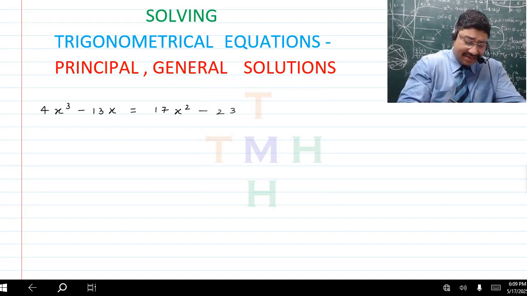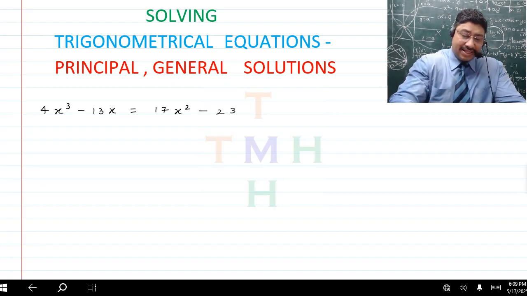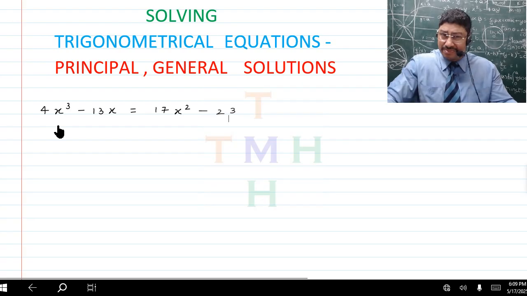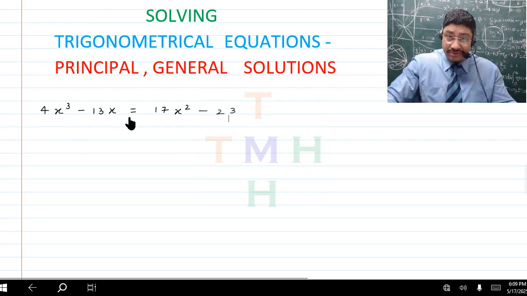This is just any equation. As you see, there is an equal to sign in between, so you can directly say that this is not just an algebraic expression, but this algebraic expression has been converted to an equation.